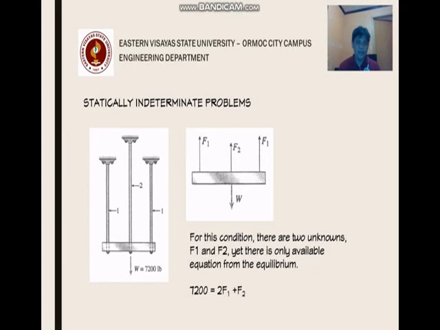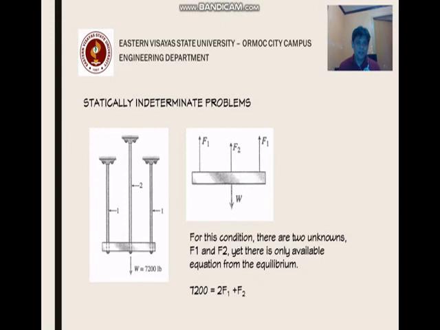Let's assume that these supports have a different, say for example, cross-sectional area and a different material. Okay, so we cannot assume that the weight will be evenly distributed to these three supports. So it's not safe to do that.